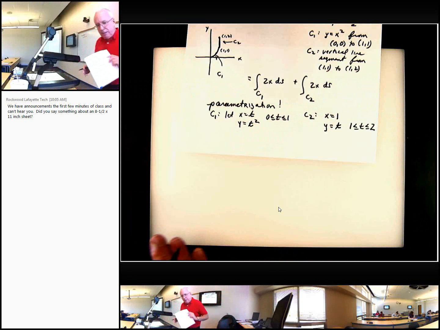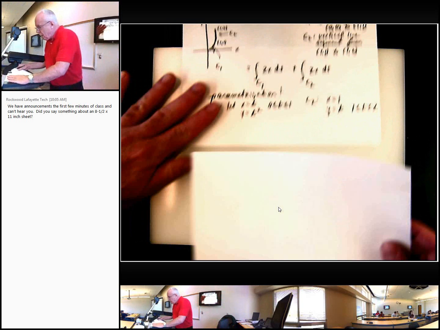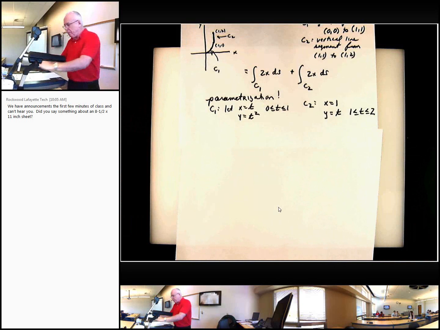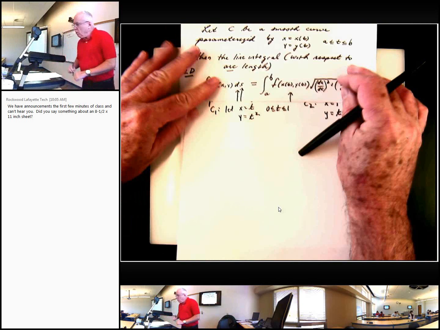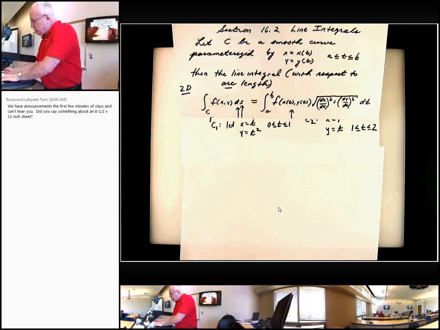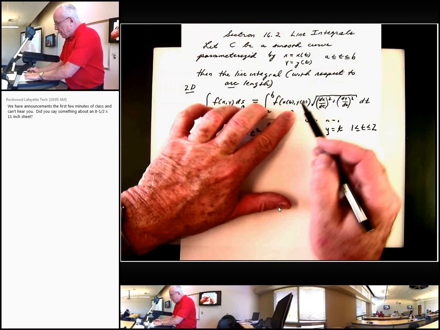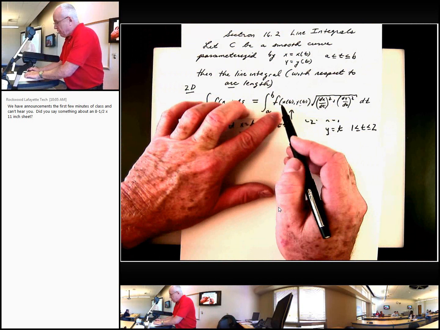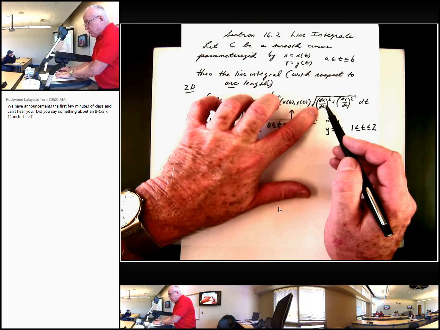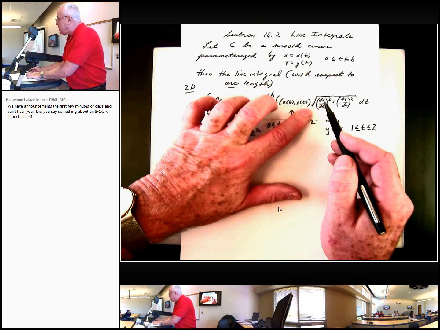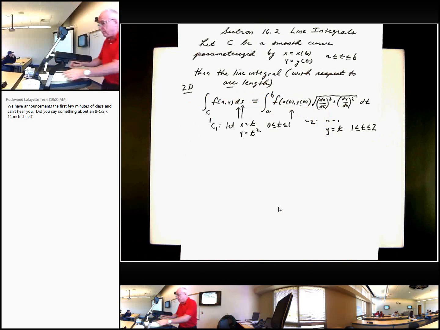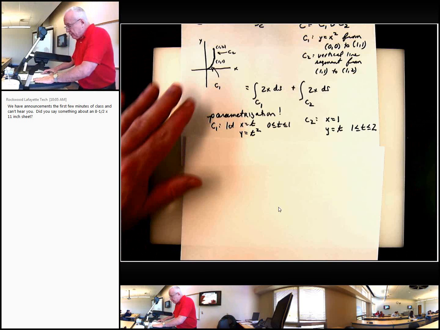So we've got the parameterization. What do we need here with this? Let's go back here to the formula. Okay, what we need here is for each curve, well, first of all, we have to plug our parameterization into whatever function we're given. And then we also, for each curve, have to figure out dx/dt, dy/dt to figure out that radical. So, let's see here.